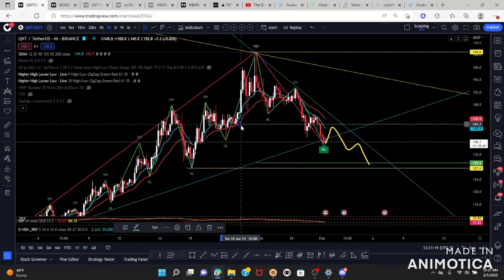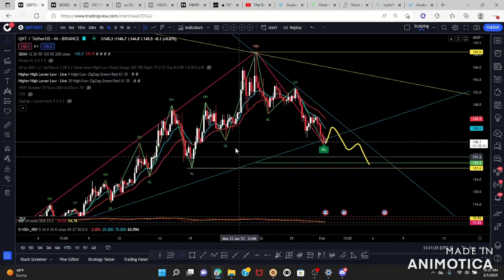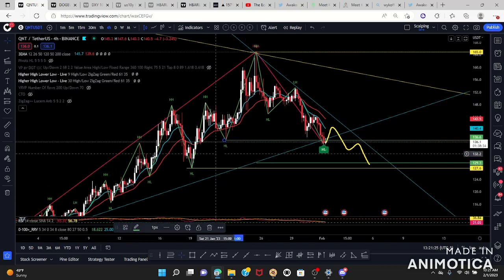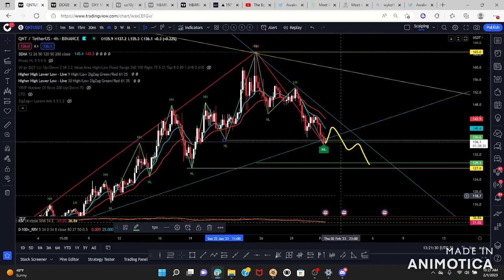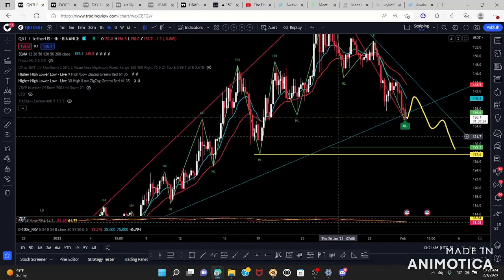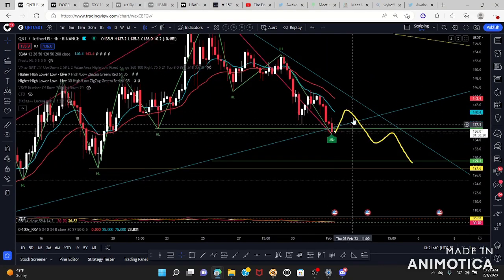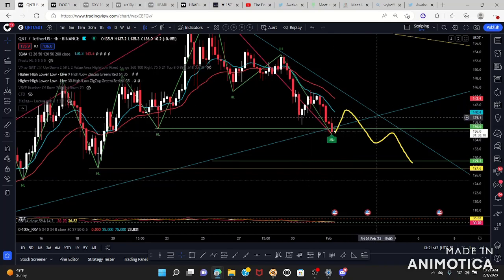So not only do I need my 26 and 12 EMAs to cross and my 4-hour trend line to break, but I also need my higher lows to break. So I have my 3 confirmations now. Yeah, I could get in a short right now. No financial advice. But it's smarter if you wait for the little retest and then confirm.